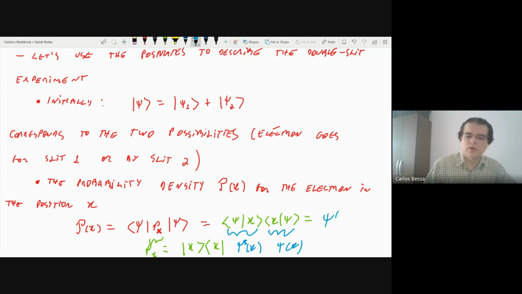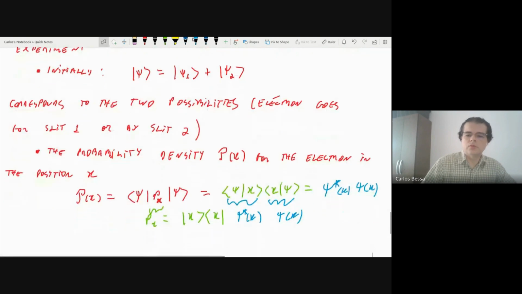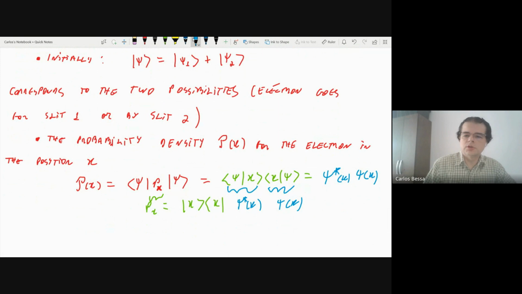So we have the expression for the probability, which is just the modulus of psi of x squared.